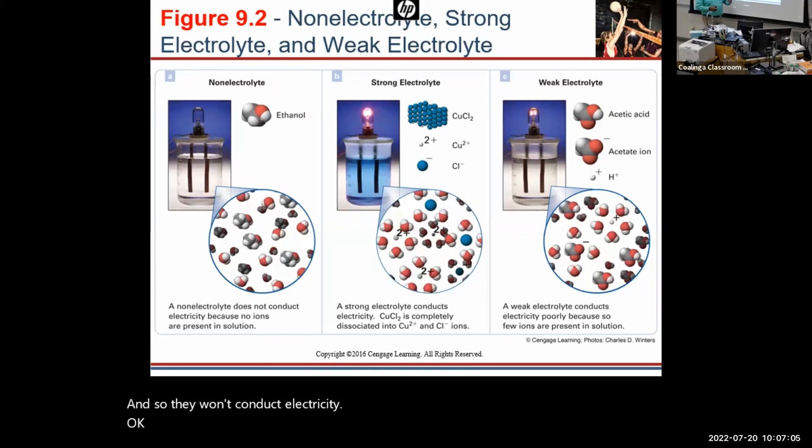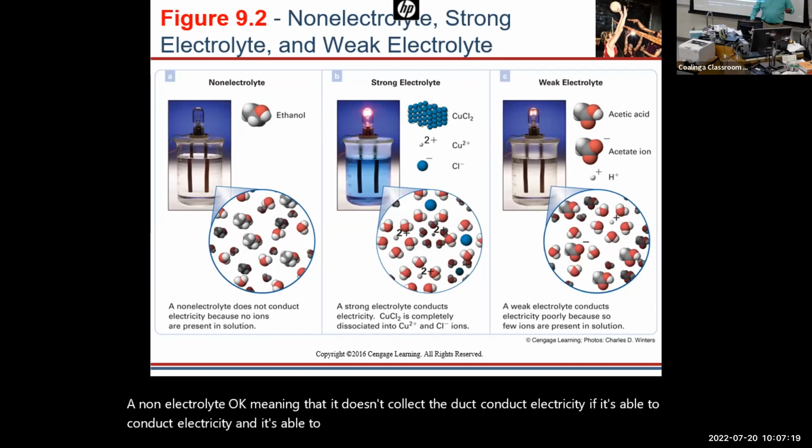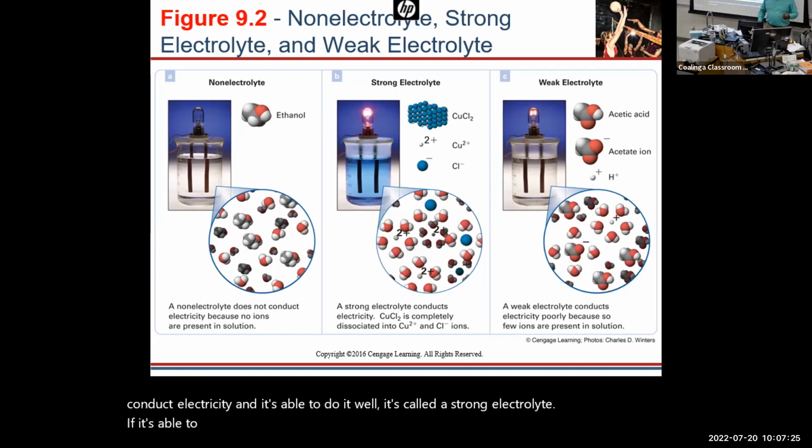So if it doesn't conduct electricity, it's called a non-electrolyte, okay? Meaning that it doesn't conduct electricity. If it's able to conduct electricity and is able to do it well, it's called a strong electrolyte. If it's able to conduct electricity, but it does it poorly, it's called a weak electrolyte.